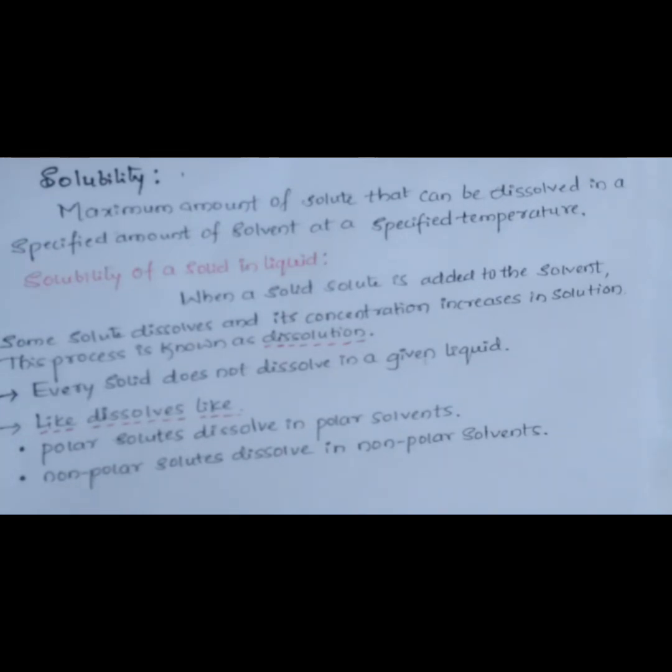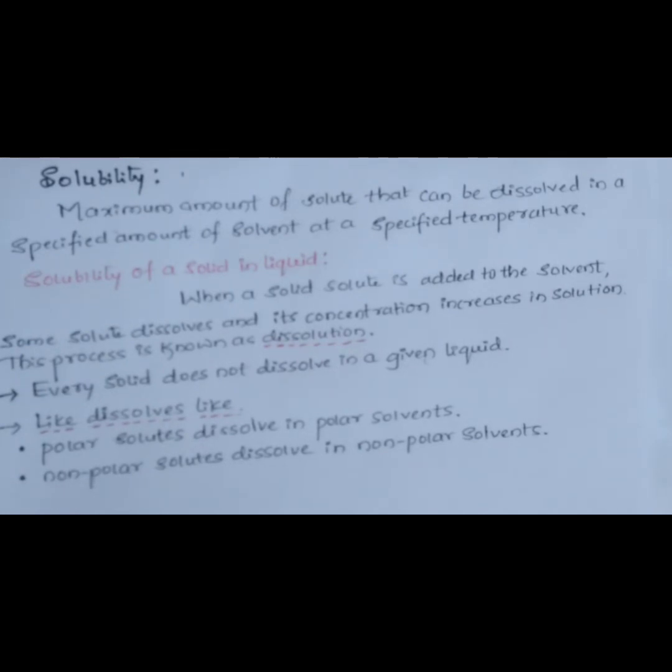An example of a non-polar solute is naphthalene. Naphthalene is a non-polar solute because it does not have any partial charge on it and its dipole moment is 0. Such a solute is dissolved in benzene, and benzene is also non-polar because its dipole moment is 0.